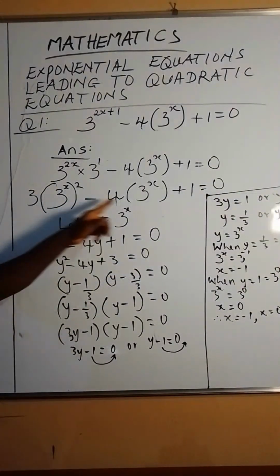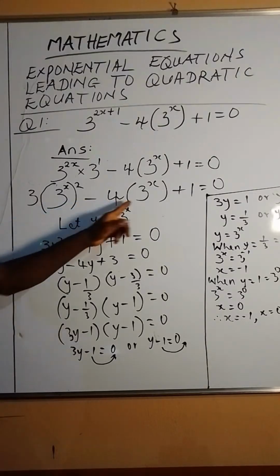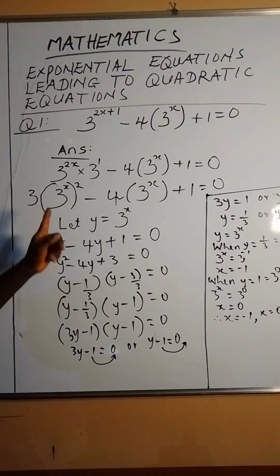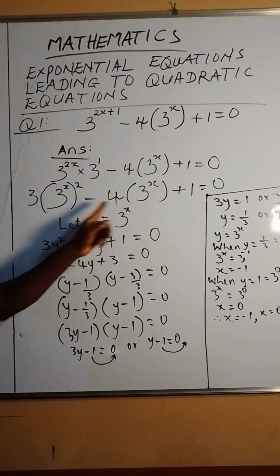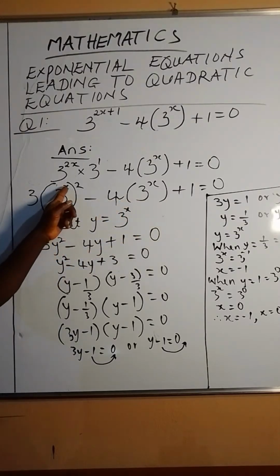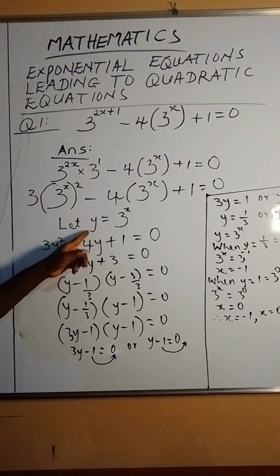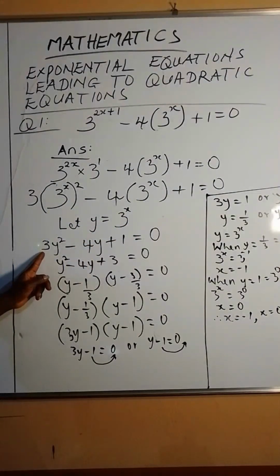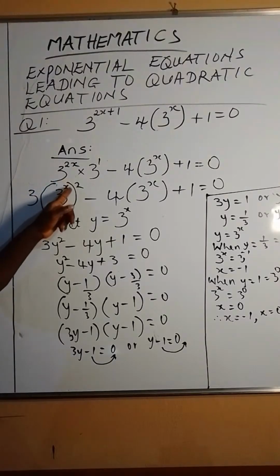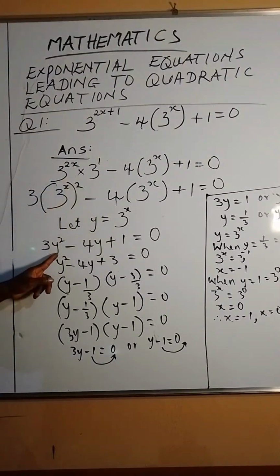Then, since we have been able to get similar terms inside the bracket, the next thing to do is to bring in a letter to represent 3 raised to x, both here and here. So let y be the letter that will be used to substitute it. In place of 3 raised to x, we have y.